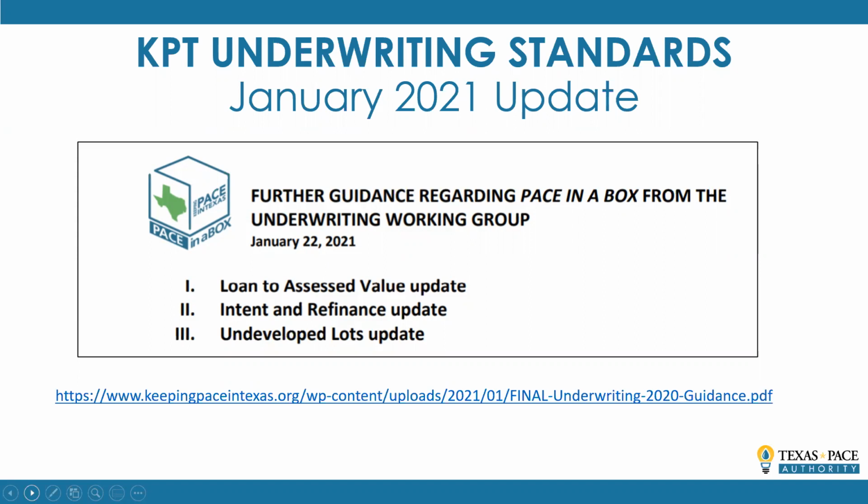So if it is, for instance, a LEED building, or a LEED standard building that is above code, and the owner is making, or indicating intent to make, that property more energy or water efficient than is required, that could satisfy the intent issue. And then on refinancing, what's a reasonable look back period? That was established at 24 months after the project's completed. So these things were clarified.